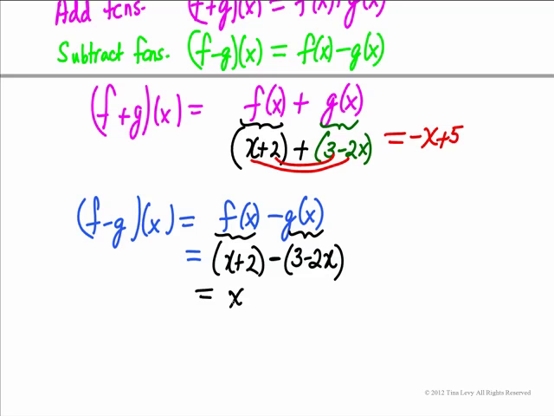So this is x plus 2. Now we distribute that negative through the 3. Negative times negative 2x is plus 2x. And sure enough, x and 2x is 3x. 2 and negative 3 is negative 1. So that's what the function would look like when you subtract it.